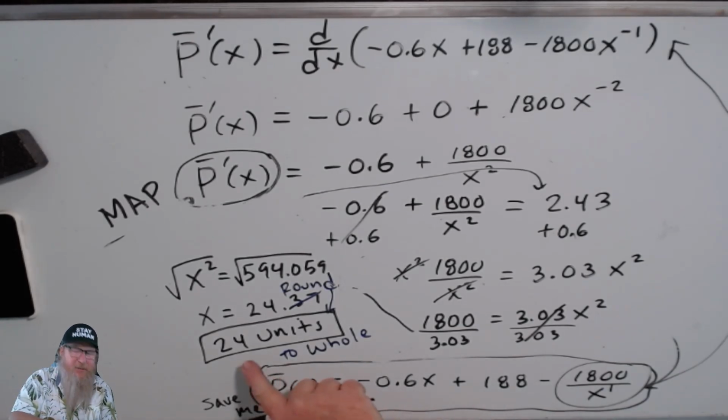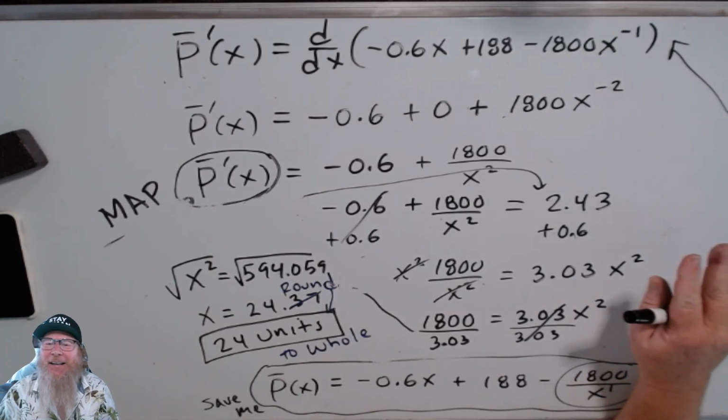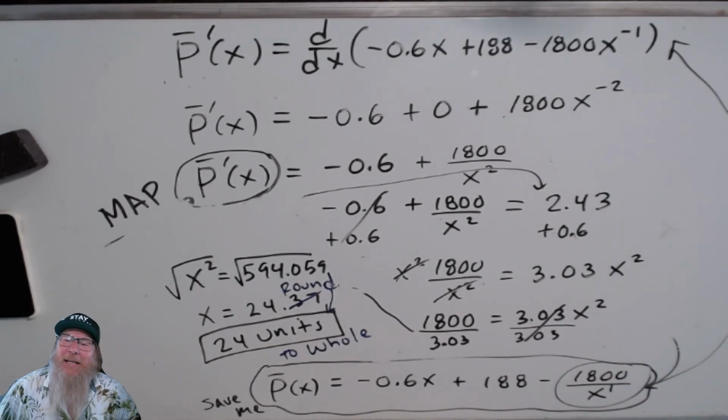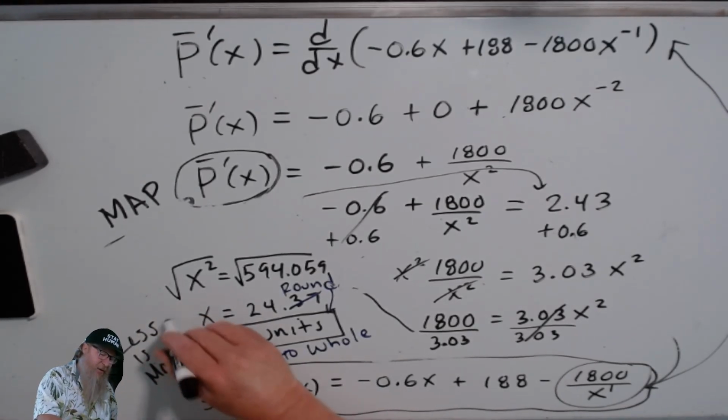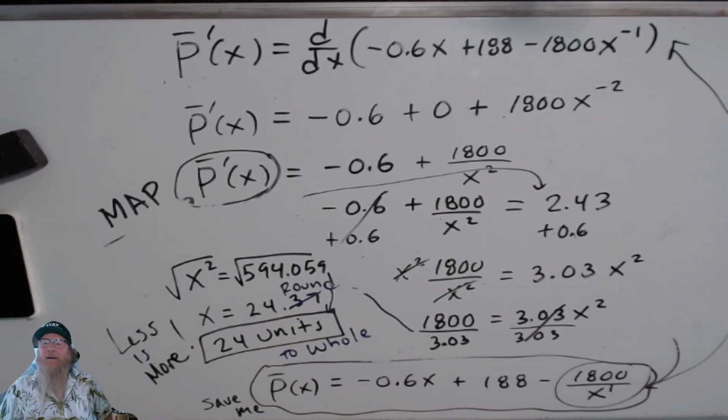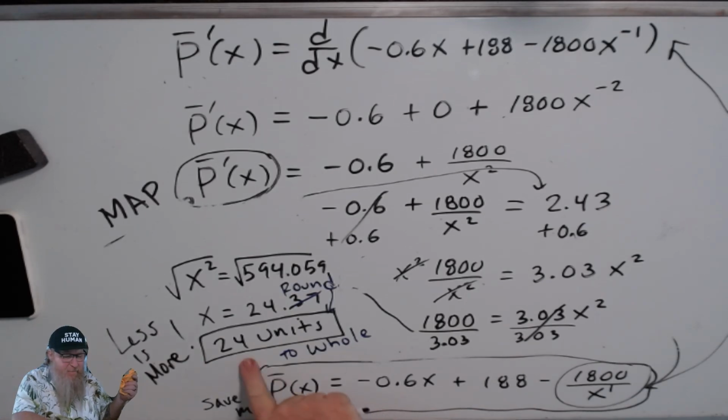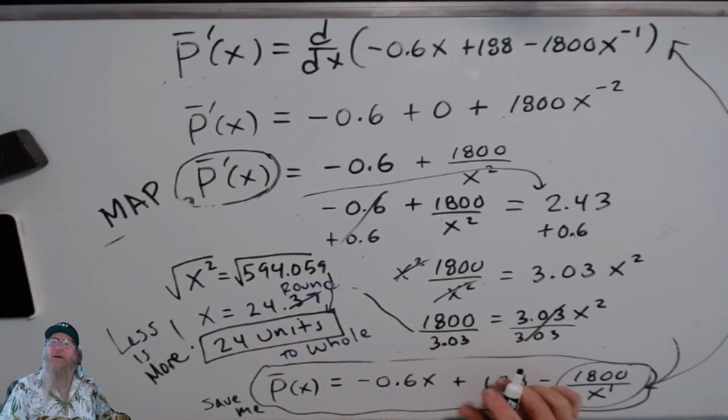So in other words, I need to slow down, right? If you read the story at the beginning, sometimes it's better. Less is more. That's that whole philosophy. Less is more. My profit will be increasing at a greater rate if I make and sell less. Now, I have to learn to live with less, right?